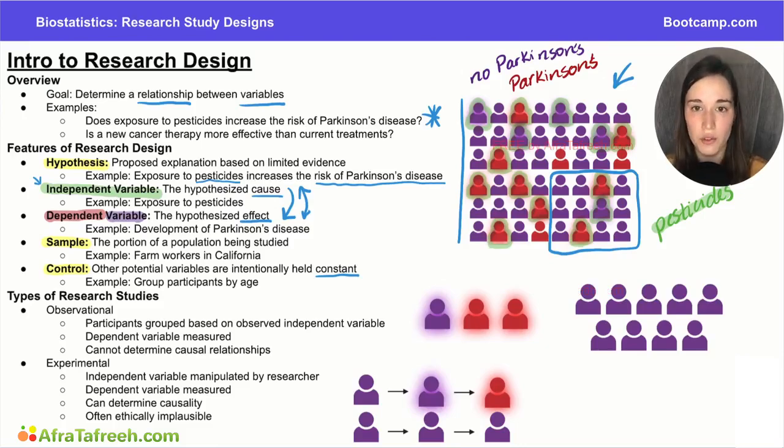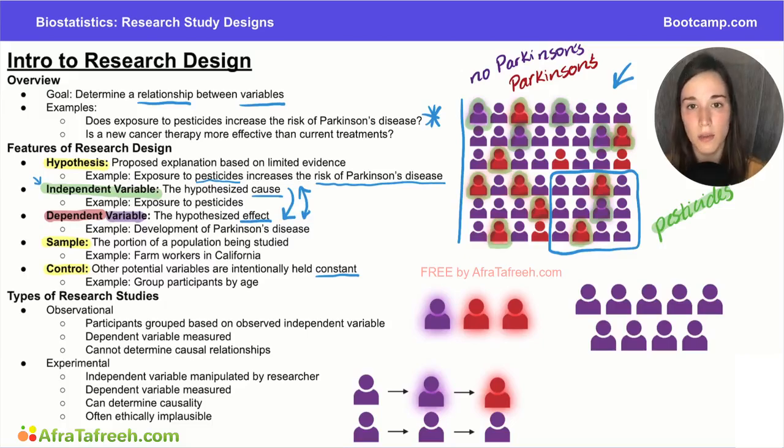So you can imagine if your pesticide exposure group included only people over the age of 60 and your non-pesticide exposure group included only people under the age of 40, you're not actually necessarily studying pesticide exposure, you're just studying age. So you need to account for those differences either in your data analysis or by intentionally grouping participants such that they're equally represented in both exposure groups.